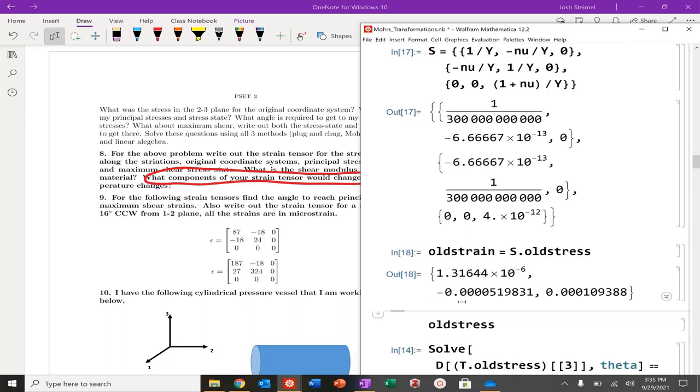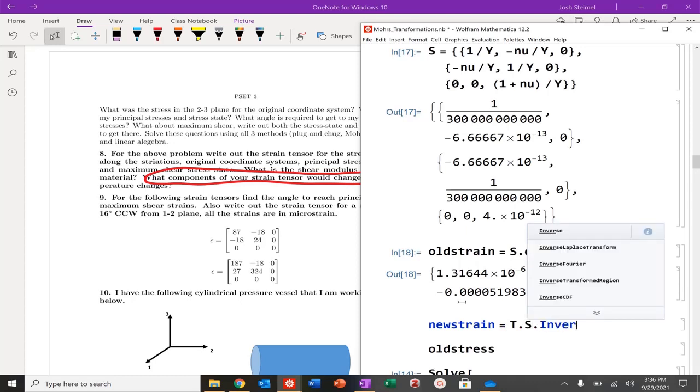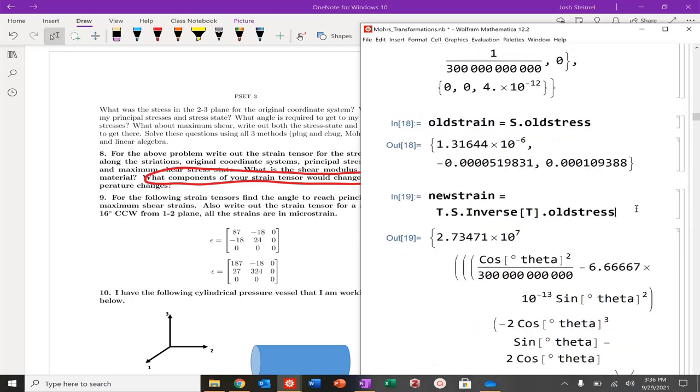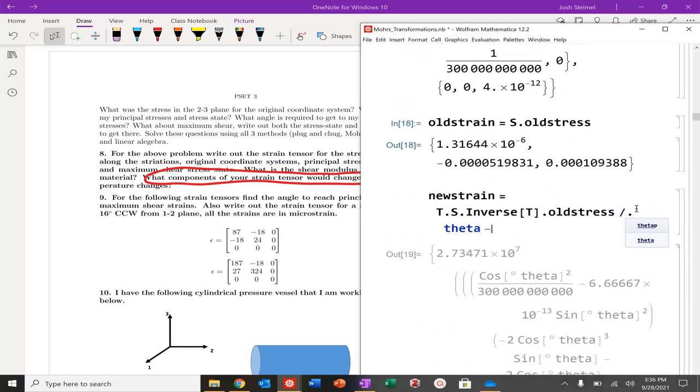My new strain will be equal to T dot S dot inverse T dot old stress, with theta going to minus 58. Actually, let's think about this. I'm looking to do it in my new coordinate system, which was a 58 rotation, so actually this would be my new stress.